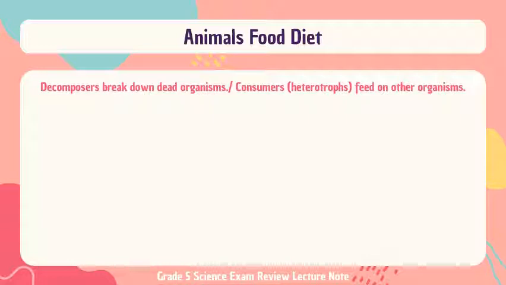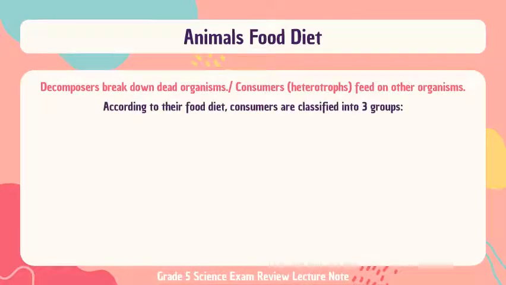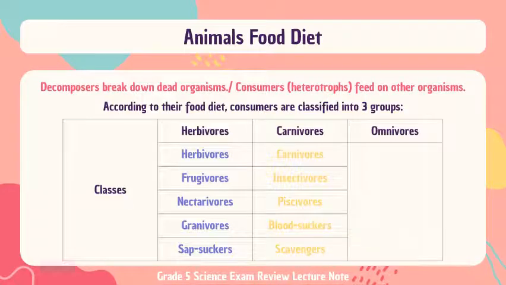Decomposers are organisms that break down dead bodies into minerals, so they turn minerals back to the soil. Consumers or heterotrophs feed on other organisms. They eat other organisms. According to their food diet, consumers are classified into 3 groups, like I said: herbivores, carnivores, and omnivores.